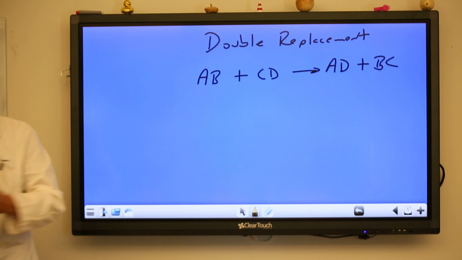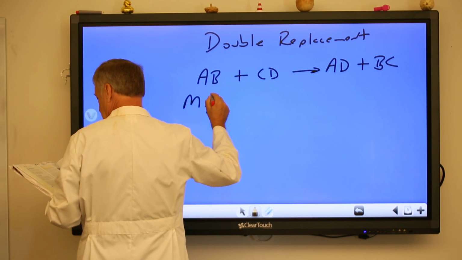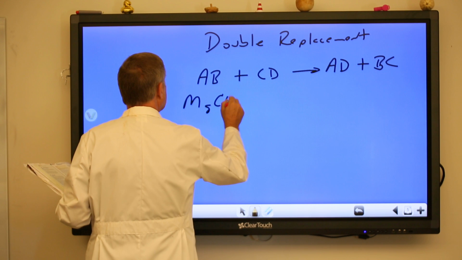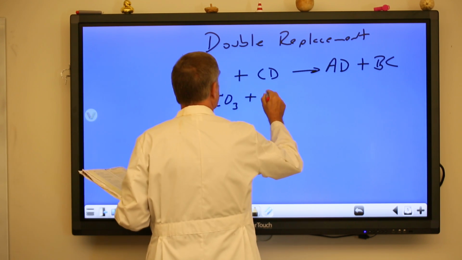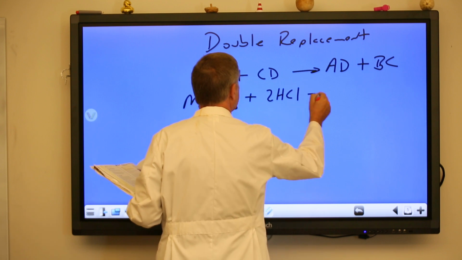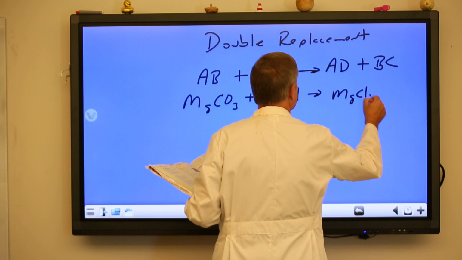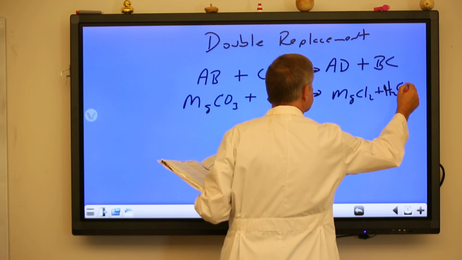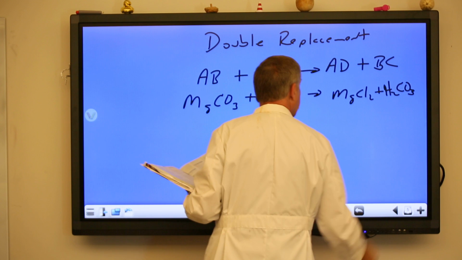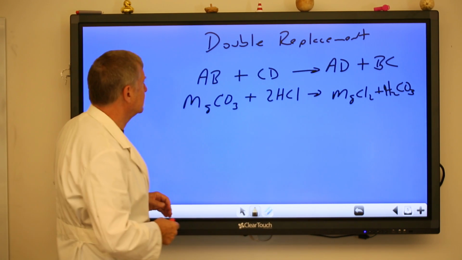Example of that would be something like magnesium plus hydrochloric acid yielding MgCl2 plus H2CO3. All right. Double replacement.